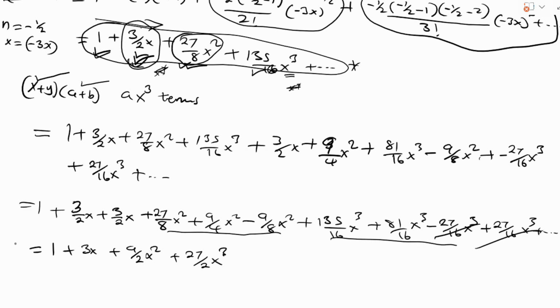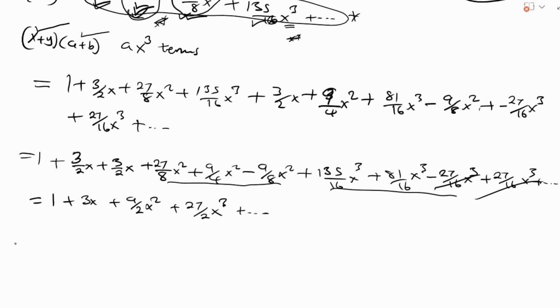Remember, from the question we are supposed to go up to x power 3. So it means that expanding 1 plus 3x over 1 minus 3x, everything under square root, will give us 1 plus 3x plus 9 over 2x squared plus 27 over 2x power 3, and so on.